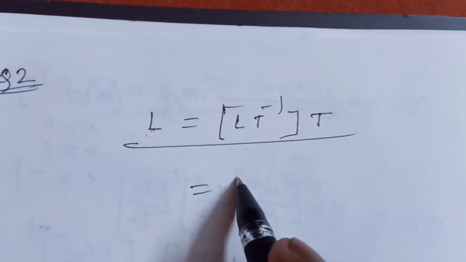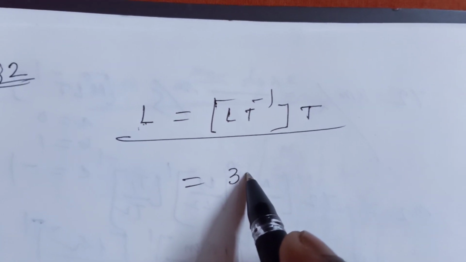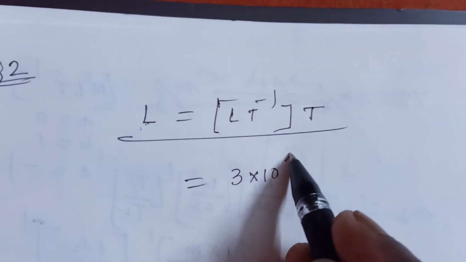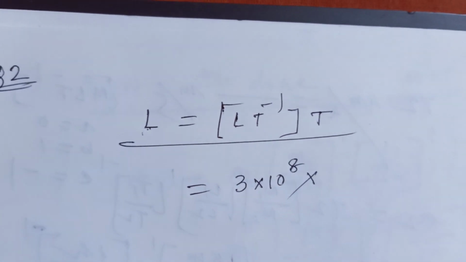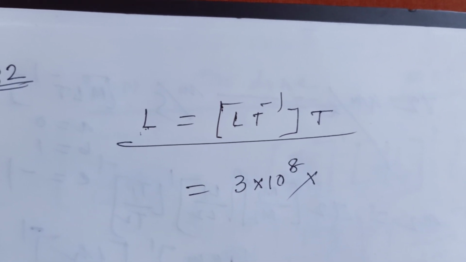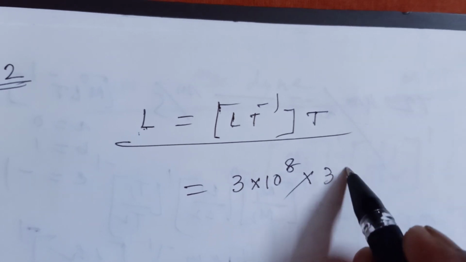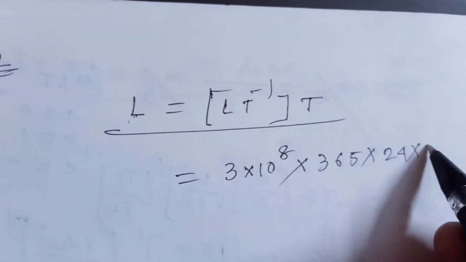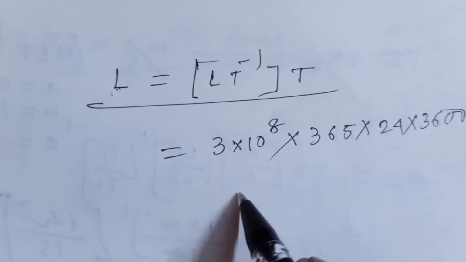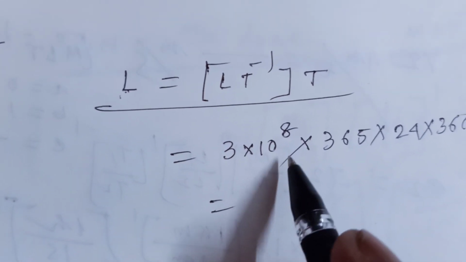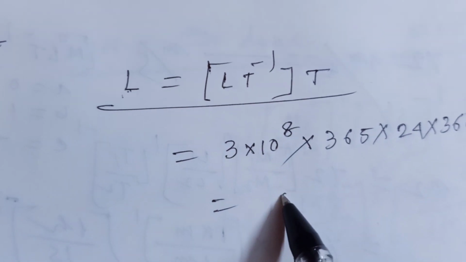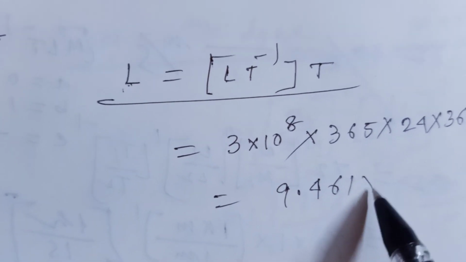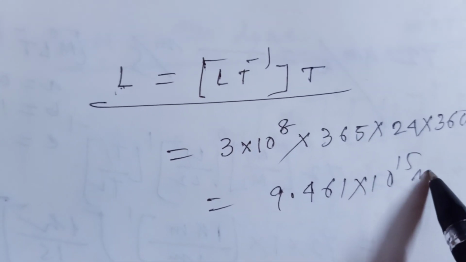Velocity here is given as 3 into 10 to the power 8 meter per second, into 365 days into 24 hours into 3600. This is approximate. You multiply it and get 9.461 into 10 to the power 15 meter.